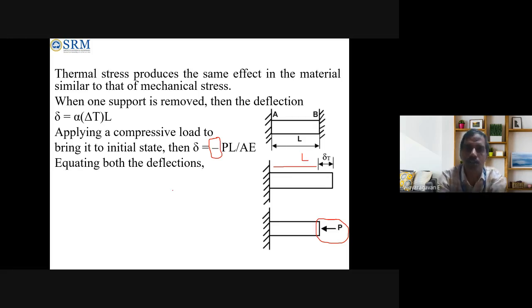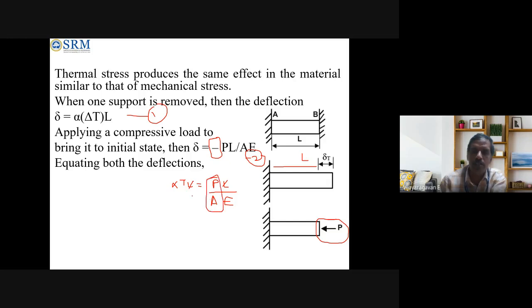Can anyone give the formula for thermal stress by equating these two values? Equating the above two equations, can anyone tell what will be the stress? So we have alpha TL is equal to PL by AE. L cancels, and P by A is a stress.